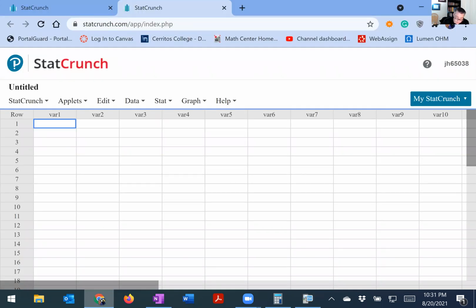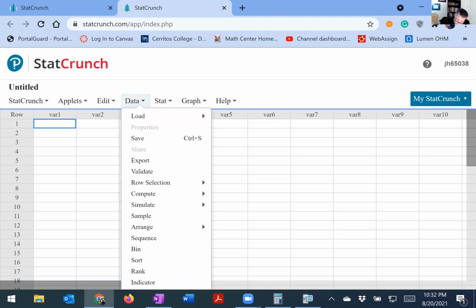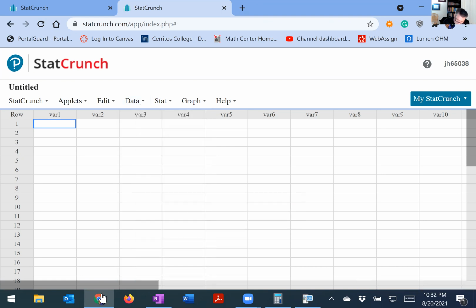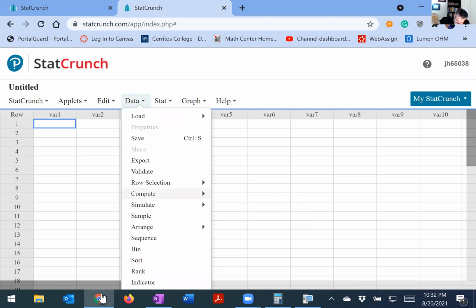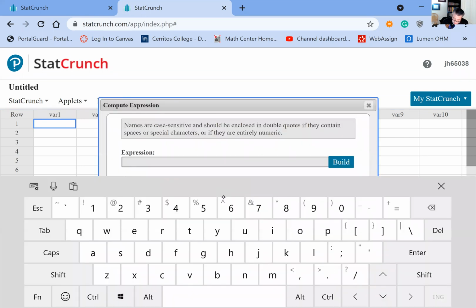So what we're going to do here is go to data. I'm going to go to data, and then compute, and then expression. Okay, so it's asking, what expression do you want to compute?